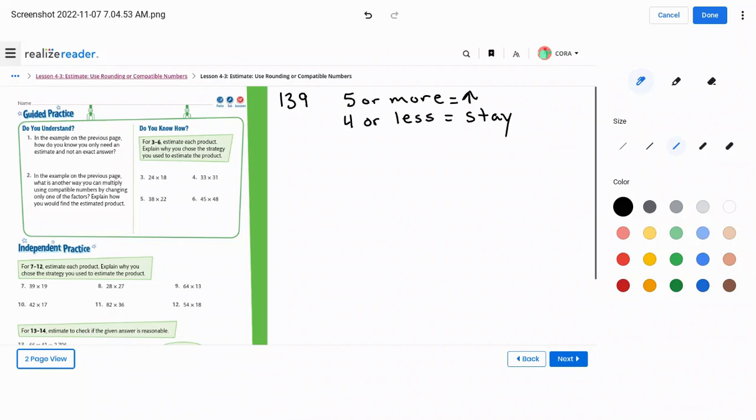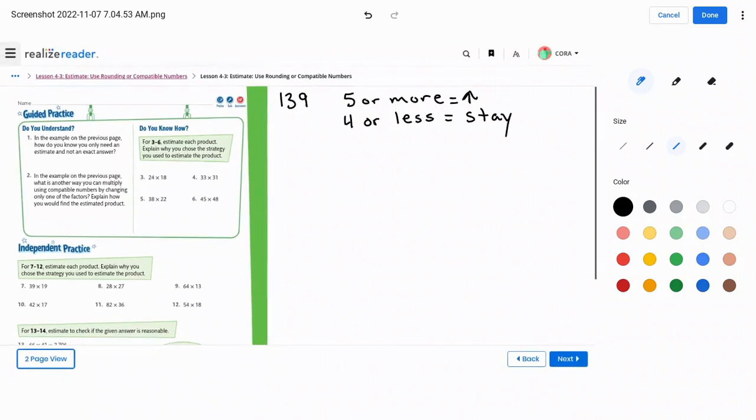So normally when we look at guided practice, I don't really do the do you understand, but I think that this one, for number 1, it is important. So number 1 says, in the example on the previous page, how do you know you only need an estimate and not an exact answer? So if you go back and look at the question on the previous page, it ends with about how many apples did the workers pick.